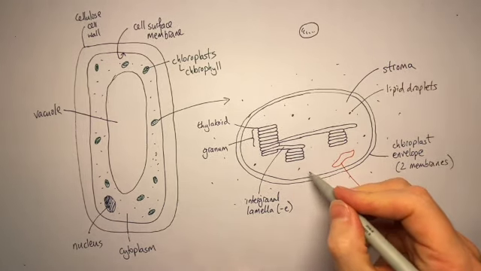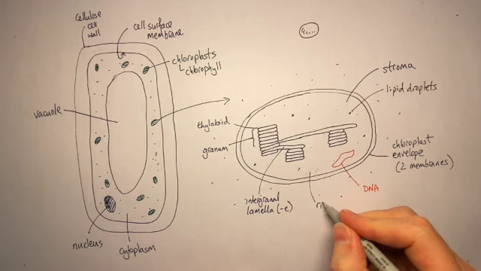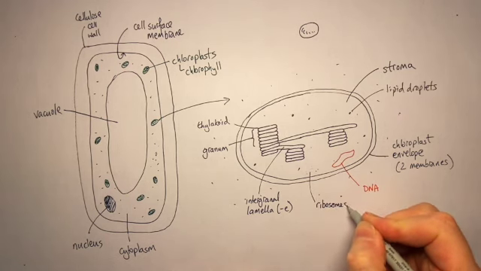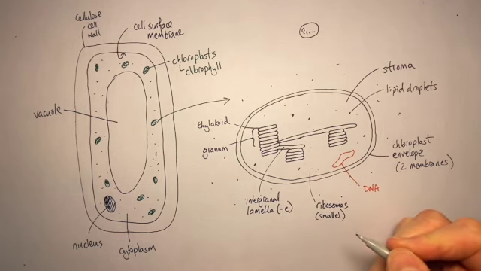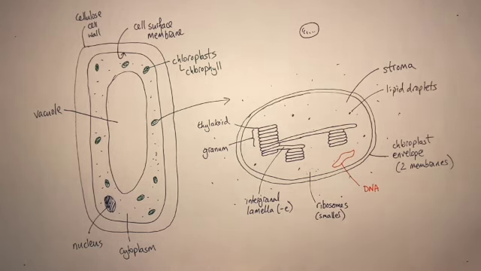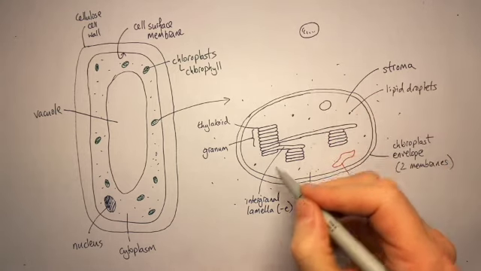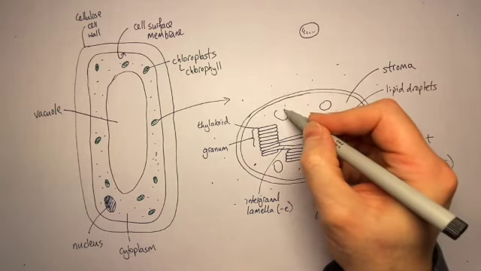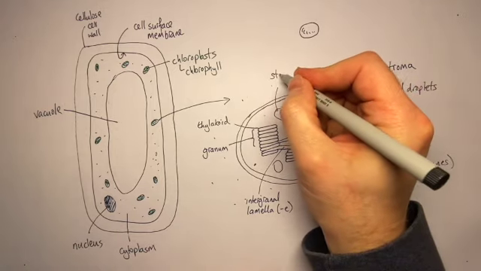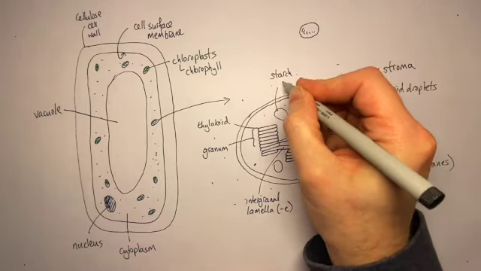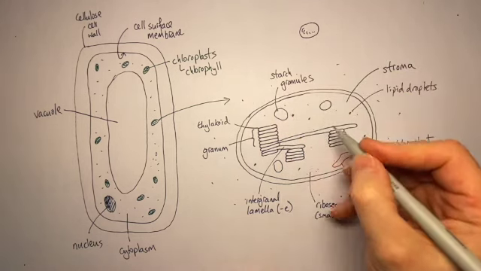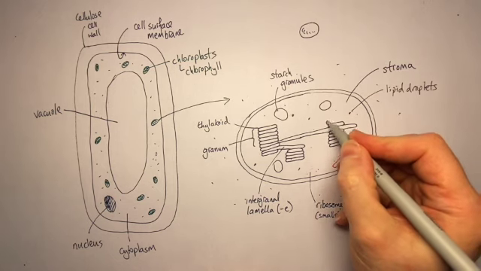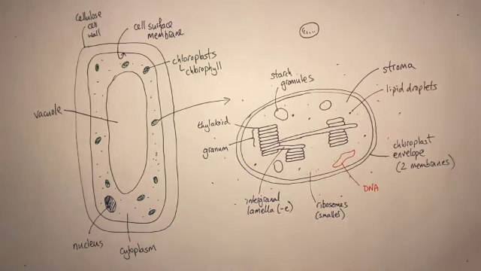We have some ribosomes, and these are smaller than ribosomes that are found in the rest of the plant cell. And then we'll also have some large, usually some large starch granules. Okay. And I'll stick another couple of thylakoids on the top of that granum to make it look more like what we would expect.